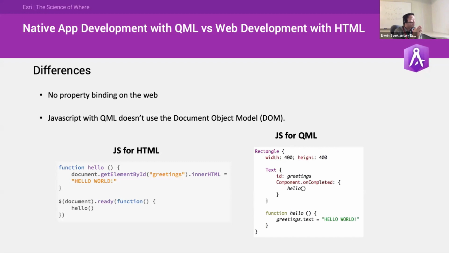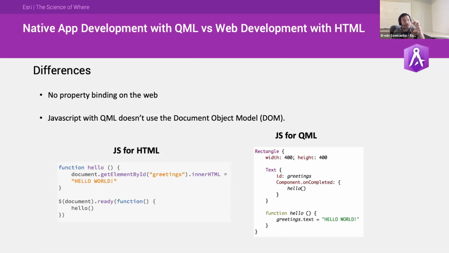So here is an example. To say hello world in HTML, you get the document, you get the element by ID, and then you set the innerHTML to hello world. But in QML, for example, you have a rectangle, 400 by 400.